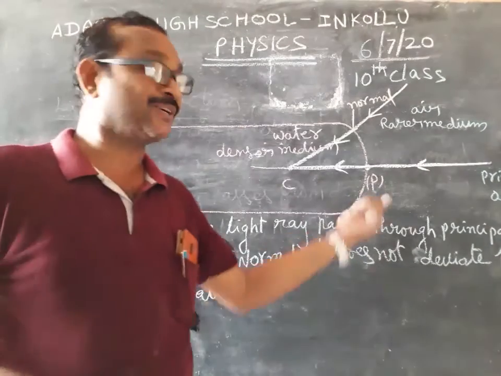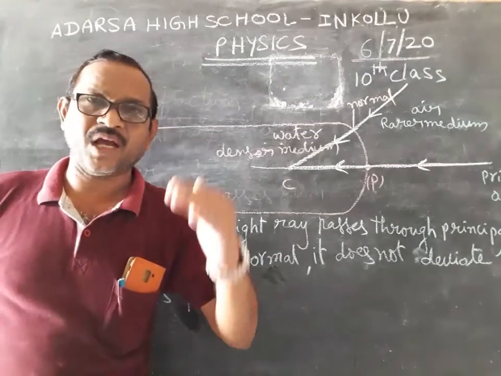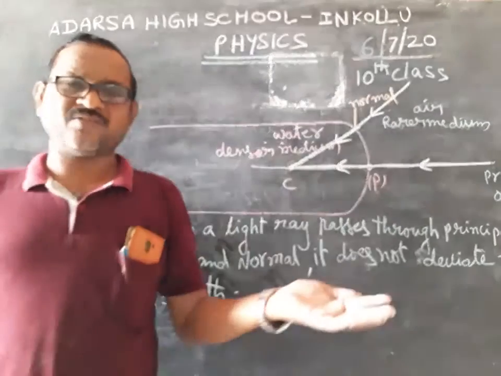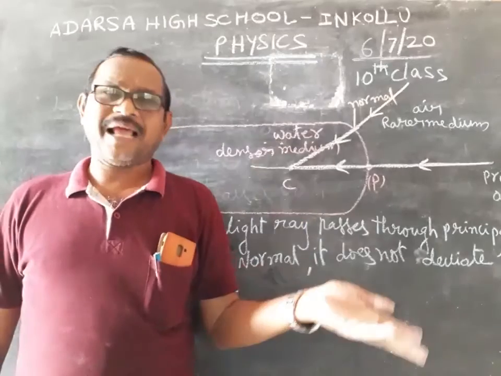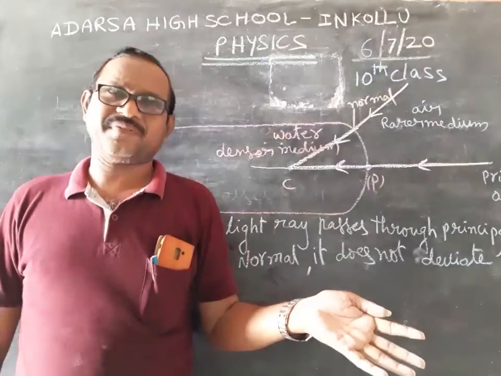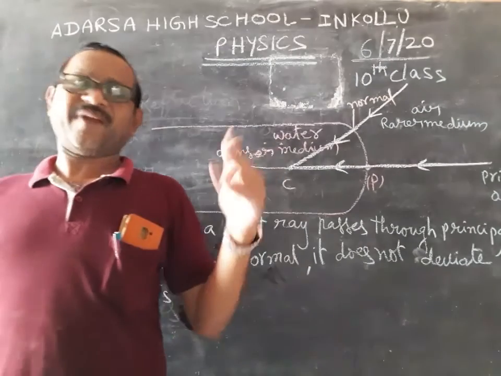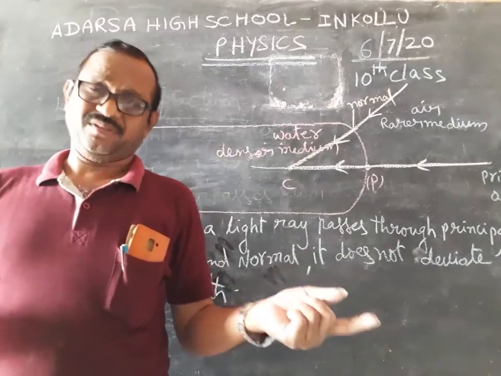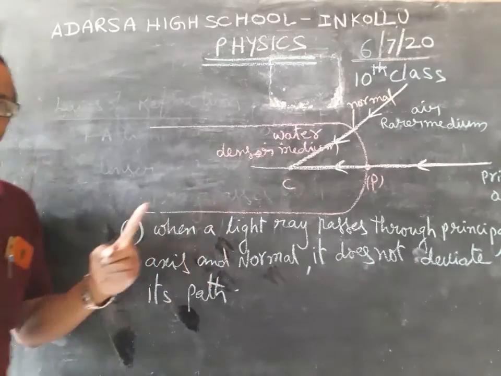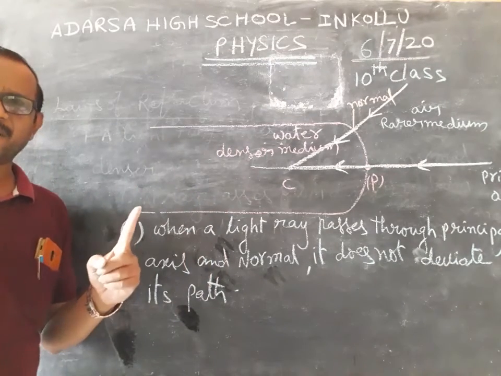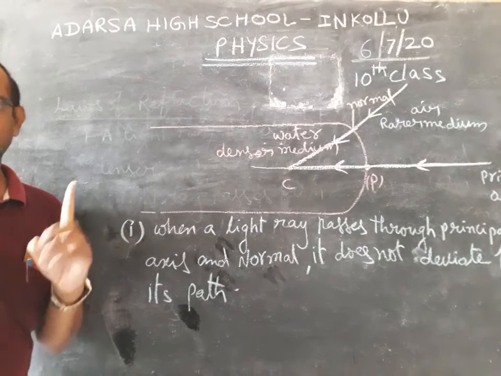What I told before: when a light ray passes from the rarer medium to denser medium, or denser medium to rarer medium, at the interface of the medium, it will be bent. That is known as the refraction of light. When it passes from rarer to denser medium, it will be bent towards the normal.